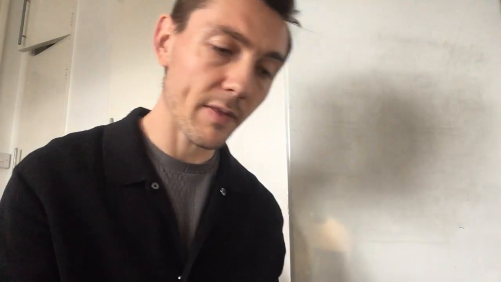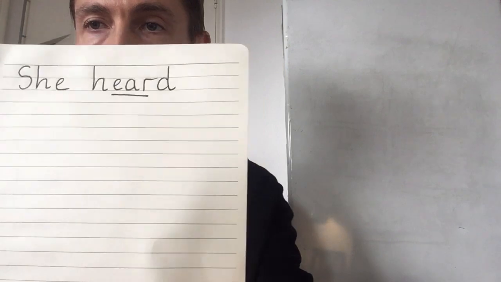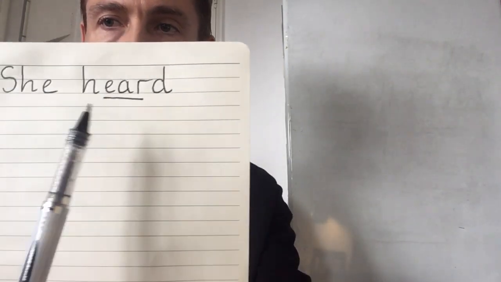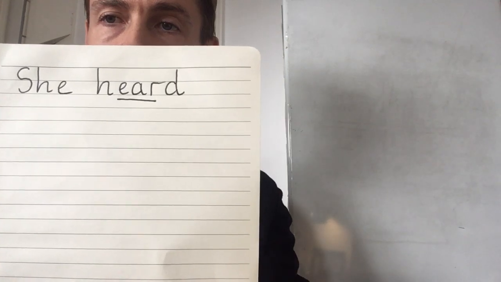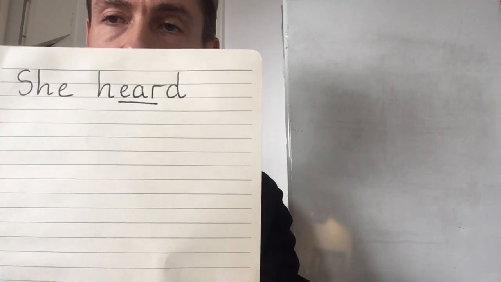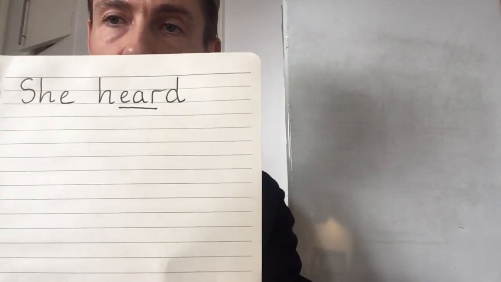And underline your spelling in heard. And then check that you've got the same as I have. So I've got the E-A-R spelling in heard. So don't worry, change that if you need to.